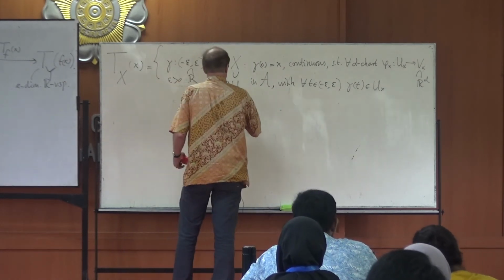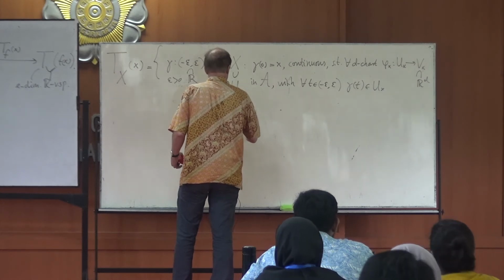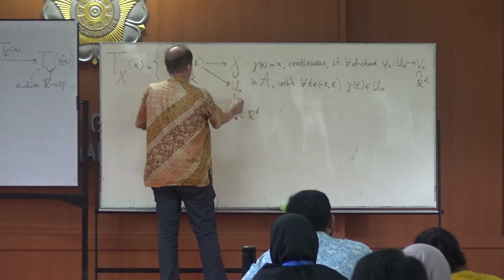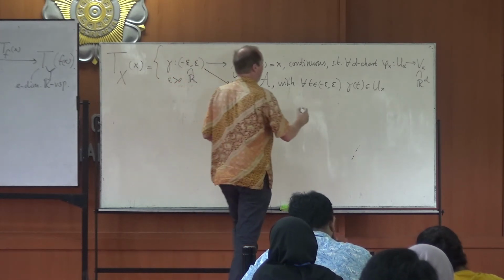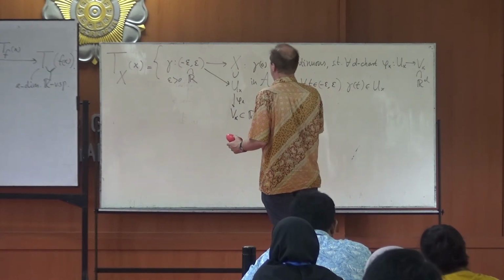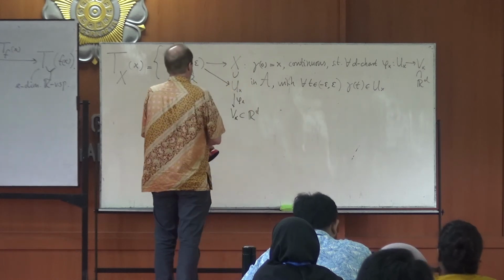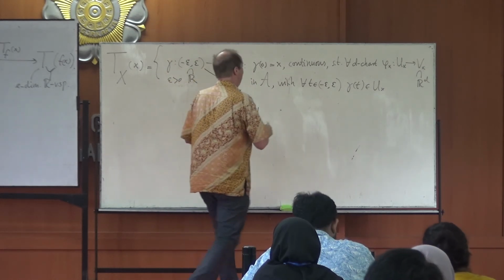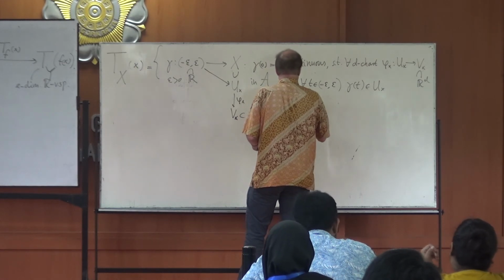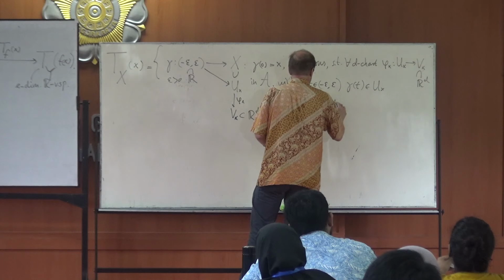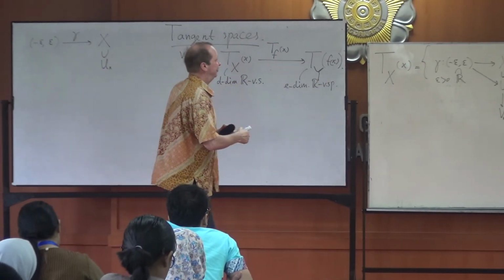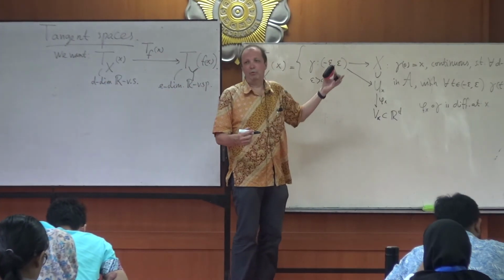And now I have my phi x goes to V_x in R^d. I want that this phi x composed with the gamma is differentiable, okay? But I could have said that already, right? Because I did already introduce the smooth maps between manifolds.